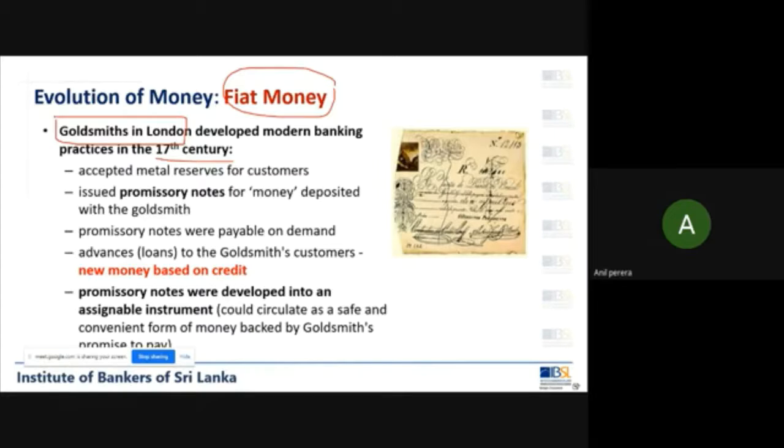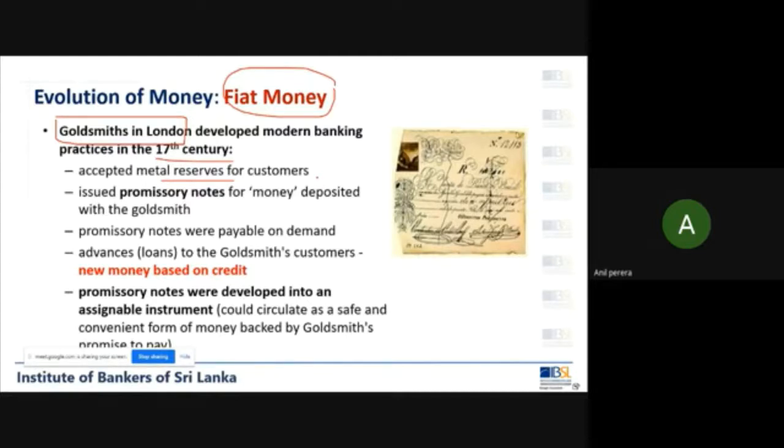How did it happen? These goldsmith people accepted metal reserves for their customers. Now during this time in London, mainly gold coins were used, right? That was the key currency used in the UK, sterling, right?